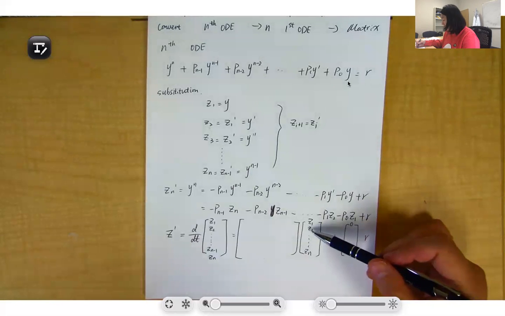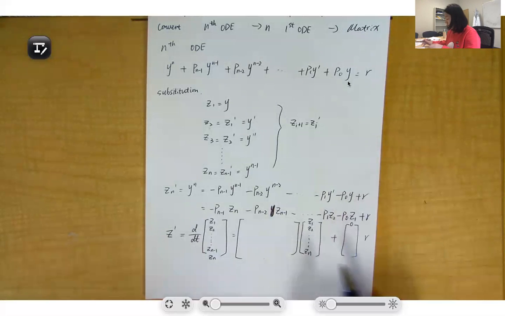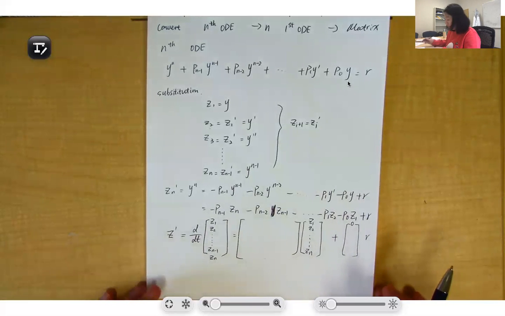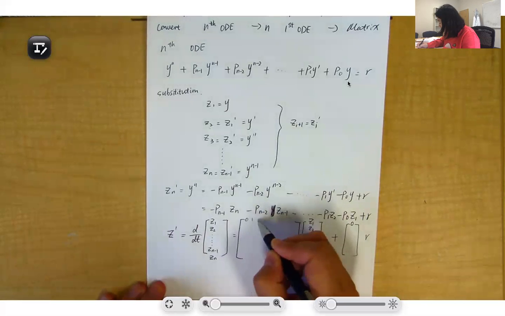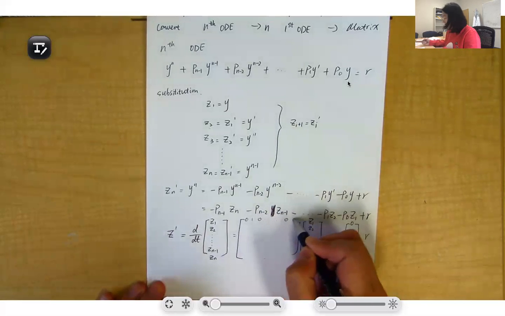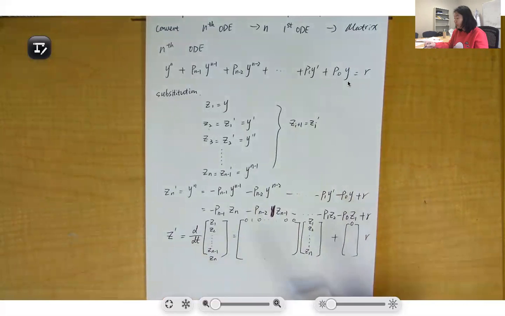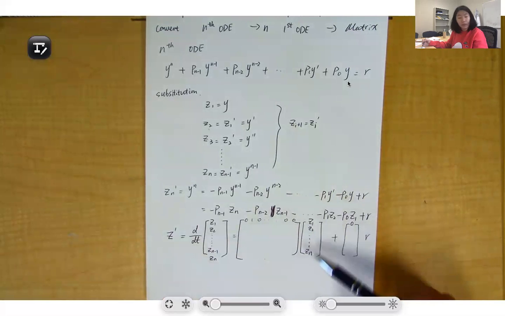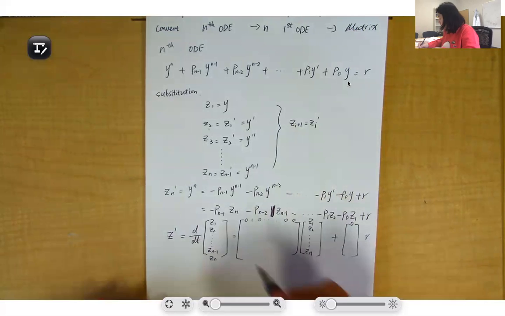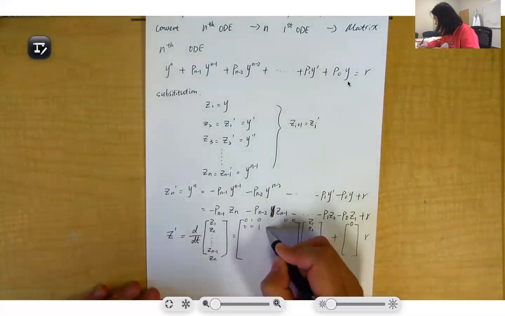All the other coefficients for the variables should be 0, and only the z2 coefficient should be 1. So that will be 0, 1, 0, dot, dot, 0, 0. Then the second row is z2 prime equals z3. Besides the z3 coefficient being 1, all the other coefficients should be 0, so it will be 0, 0, 1, dot, dot, dot, 0, 0.